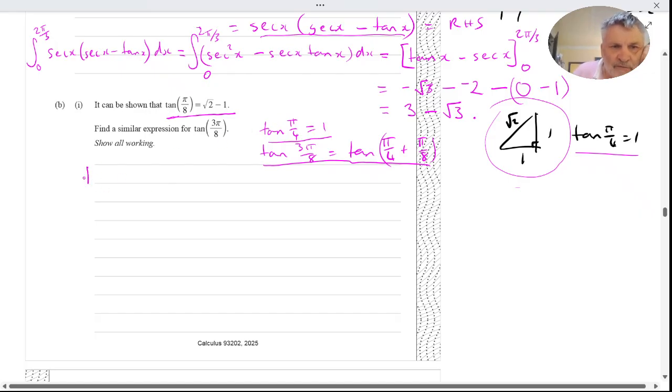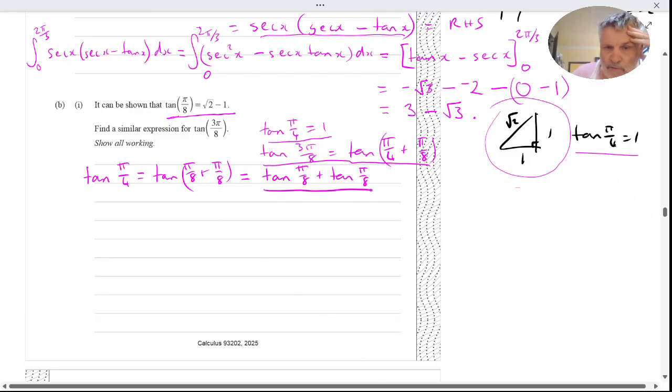So I'm going to basically first work out tan pi over 4, which is tan pi over 8 plus pi over 8. And when you've got the tangent of two angles, this is tan pi over 8 plus tan pi over 8, and divided by 1 minus tan pi over 8, effectively squared, because the two angles here are the same.